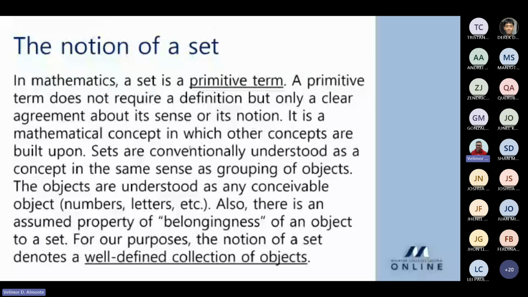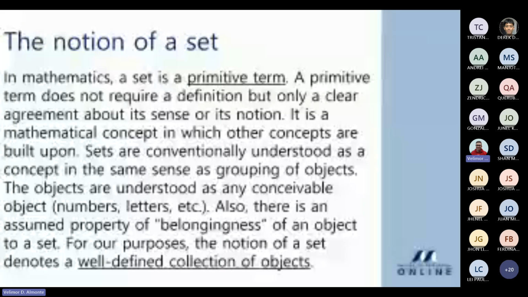Our understanding is that it is a collection or a grouping of objects having a particular property grouped together. It also has objects, also called elements, which belong to the particular collection. Let me emphasize another wording here.